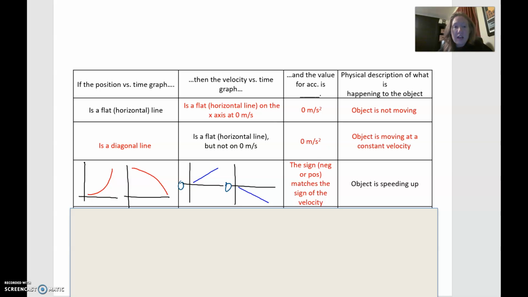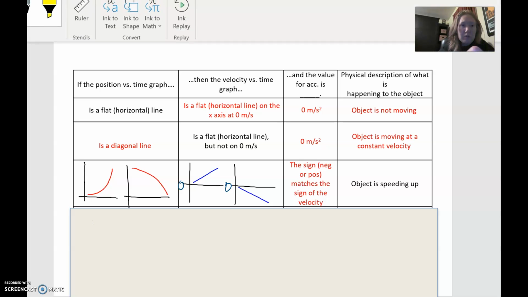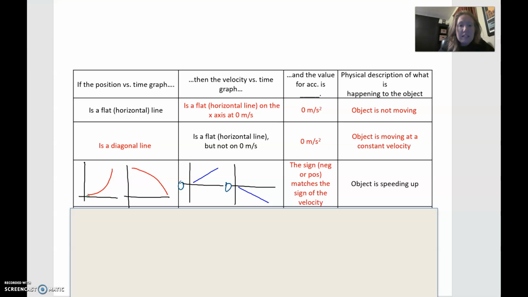On the position time graph, I know it's speeding up whenever I see the graph getting steeper. So I can see, for instance, that at the beginning of this red graph, let me choose a different color, like green, let's say. If I check the slope at the beginning, it's almost flat.